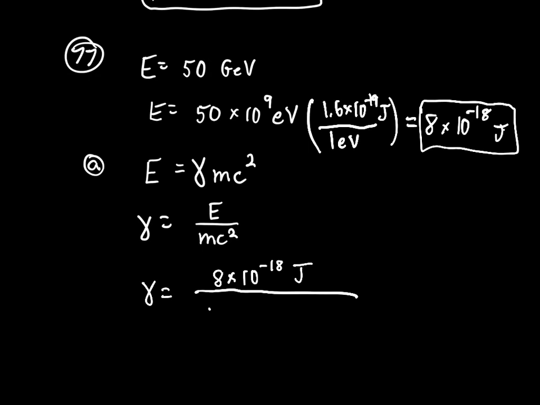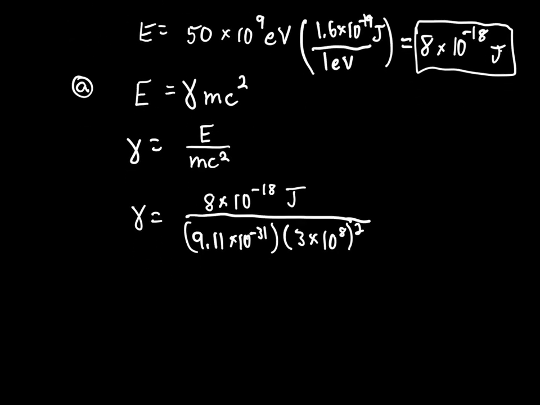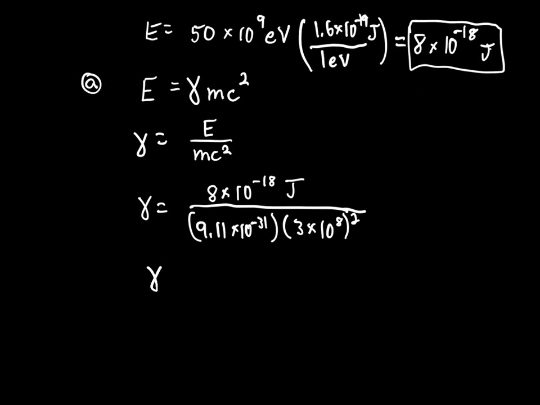Mass of an electron, which is 9.11 times 10 to the negative 31. And then c. What's c? 3 times 10 to the 8, the speed of light. Plug that in. What do we get for gamma?